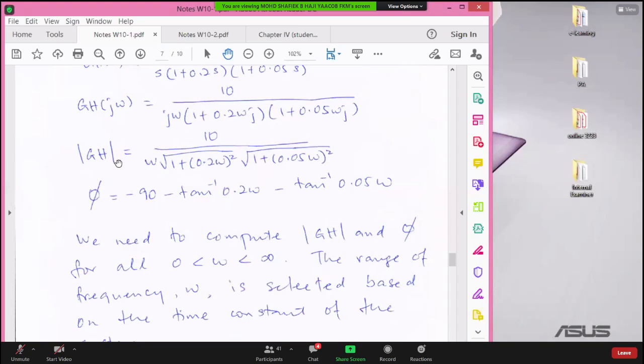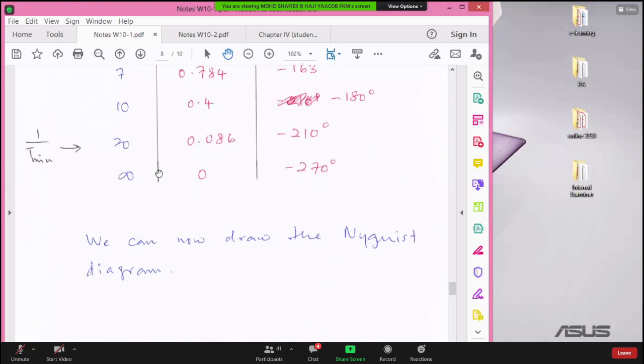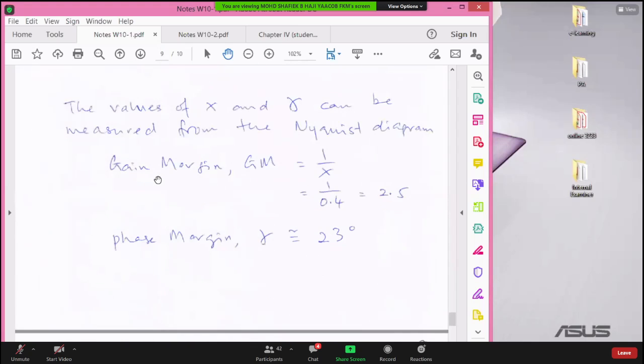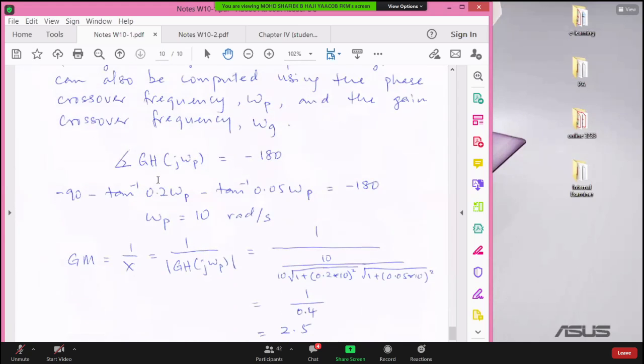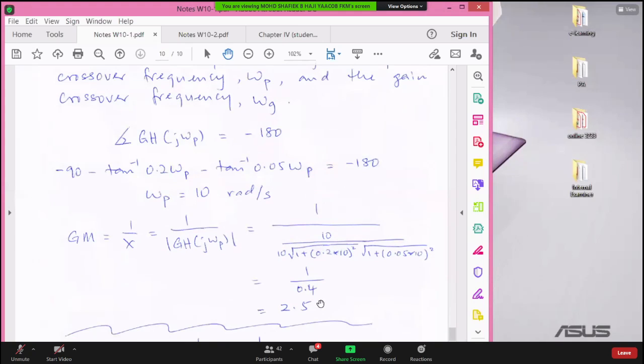When the magnitude is 1, the frequency at that particular point is the gain crossover frequency. So using that definition, you can compute the phase margin, the phase crossover frequency and the gain crossover frequency. The phase crossover frequency is the frequency when the phase angle is -180.